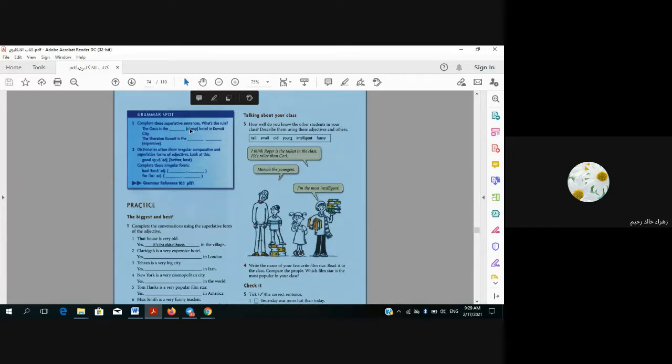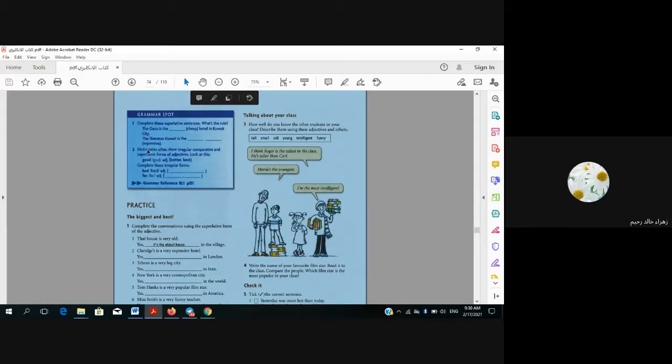What's the difference? Why did we say cheapest, not most cheapest? Cheapest has one syllable. Yes. And expensive has more than one syllable. Yes.